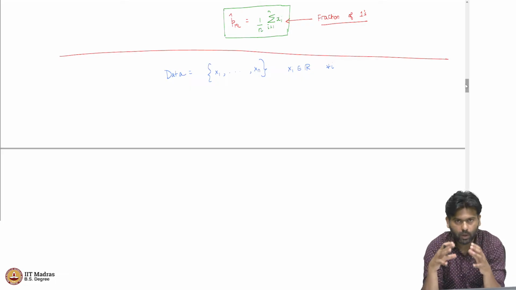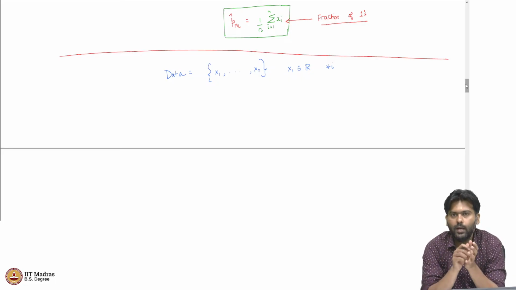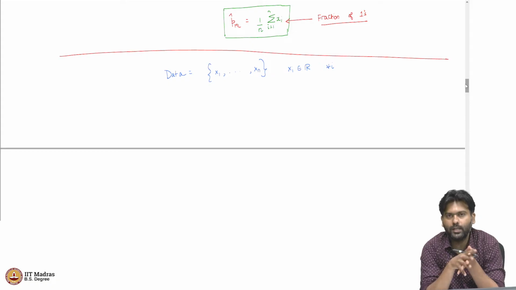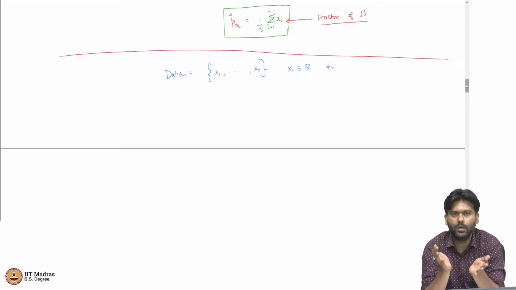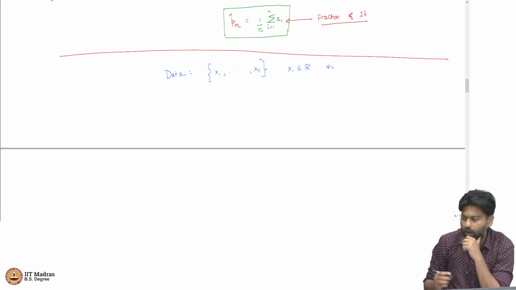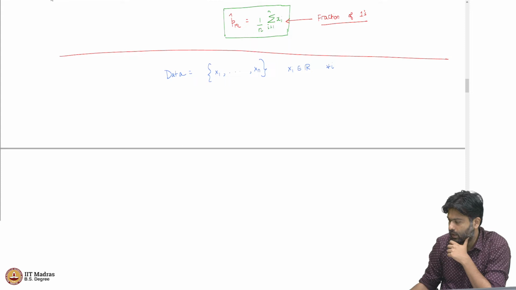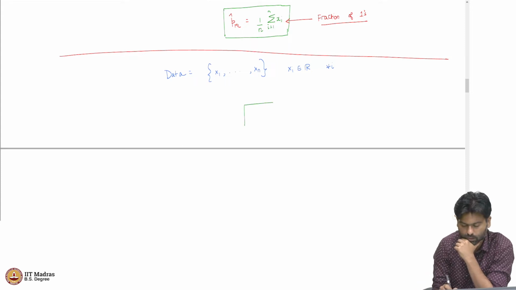If I use the previous model, the box with a coin inside, that's not going to be useful for explaining this data, because that box can explain only data which has zeros and ones. So I need a different box to explain this data, which means I need a different probabilistic model to assume. A natural model in this case would be, you still have a box with a button, and our data comes from it.